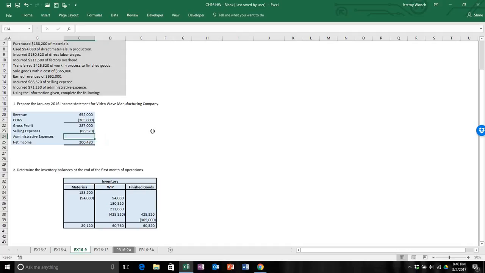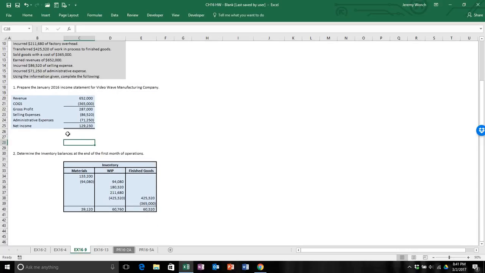Then we have administrative expenses of 71,250. So it gives us a net income for the period of 129,230. And then our ending inventory for the month for materials, work in process, and finished goods are right here.